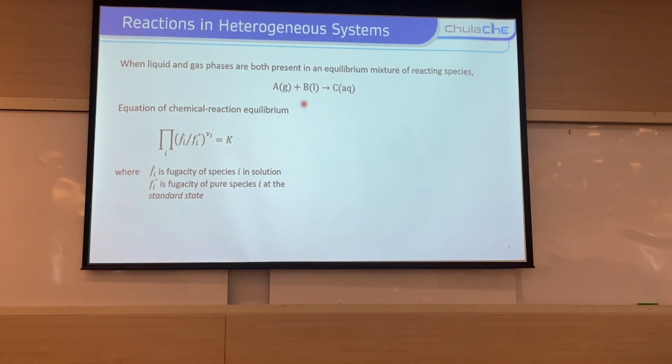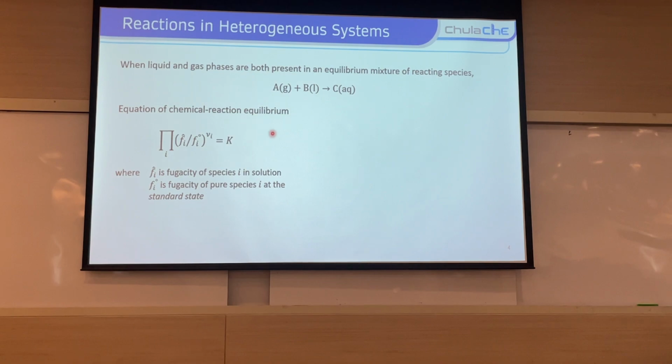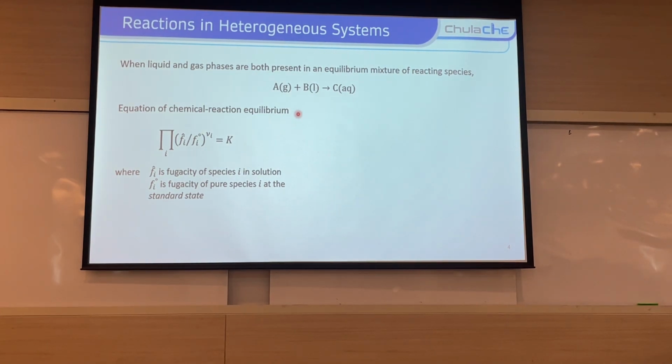When you have more than one phase to deal with in the chemical reaction, usually you can start from the same fundamental relation between the equilibrium constant and the ratio of fugacity here. This is the equation of the chemical reaction equilibrium. But then you have more than one phase in the reaction.